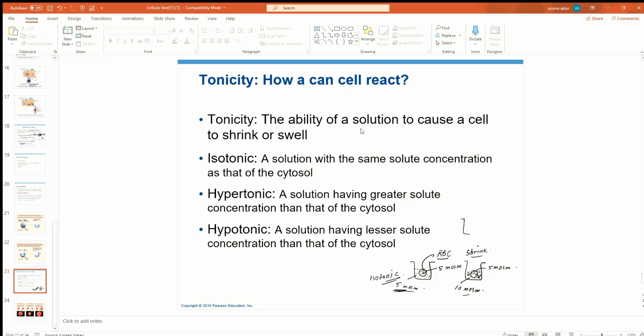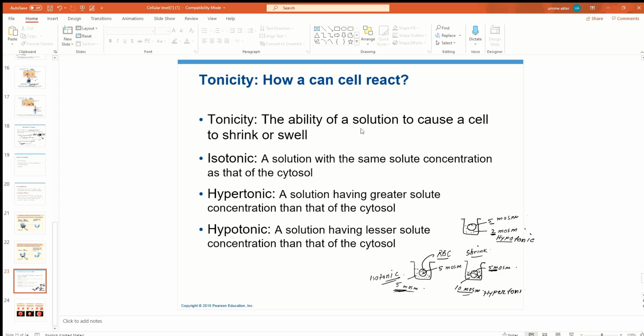Now if the concentration of the solution is very low, like 2 milliosmol, and the red blood cell inside is 5 always, this is called hypotonic, because hypo means less, right? Compared to this one, this solution is hypotonic. This solution is 10 compared to this red blood cell. This is hypertonic.